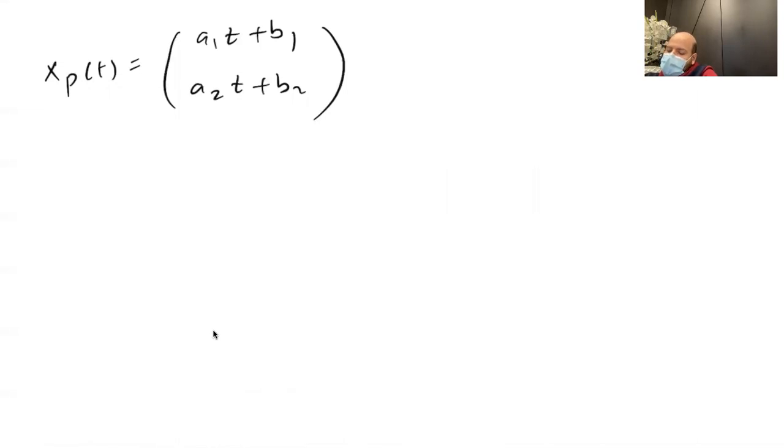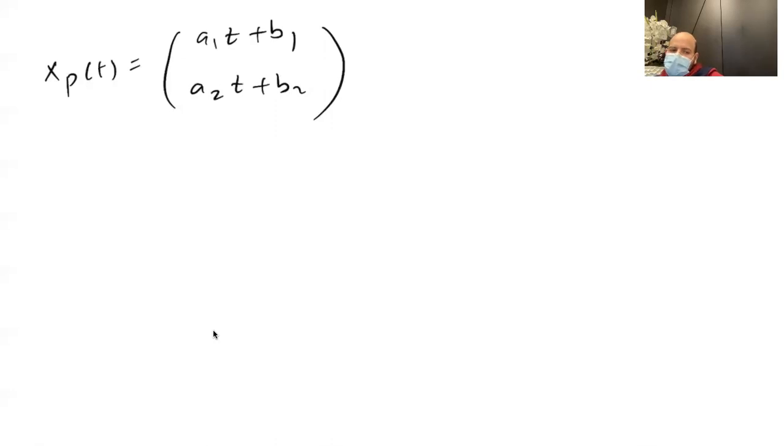So you can write at plus b and ct plus d, or a1 t plus b1 and a2 t plus b2. You can name the coefficients the way you are more comfortable with, like a, b, c, and d, or a1, b1, a2, and b2.